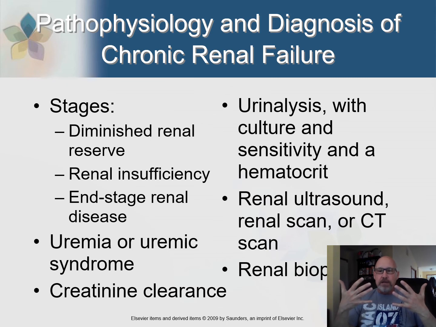So if your GFR is less than 15, you're stage 5, right? If it's 30 to 15, stage 4. If your GFR is 60 to 30, you're stage 3. If your GFR is 60 to 90, you're stage 2. And if you're better than 90, you're stage 1, which is your normal, right?